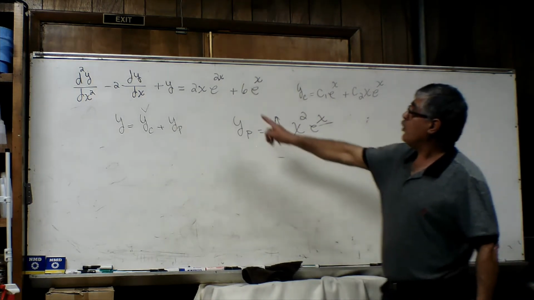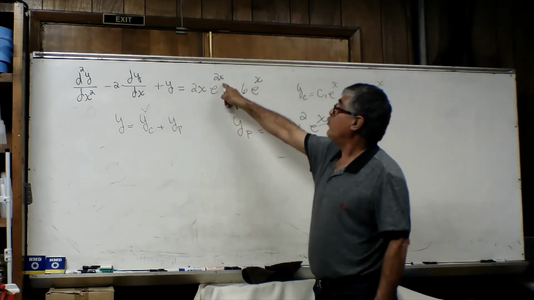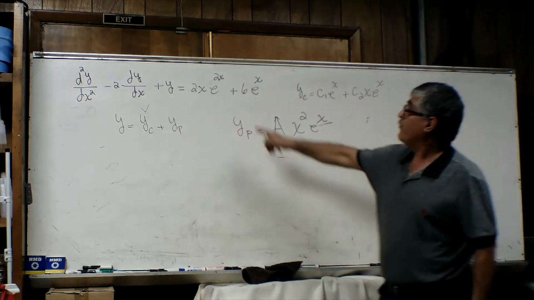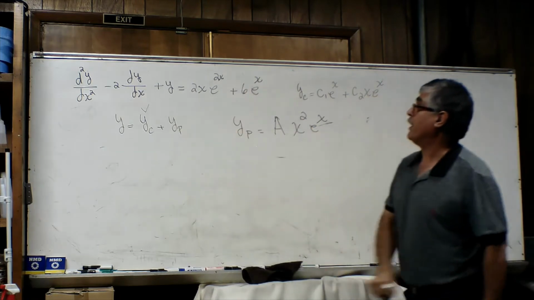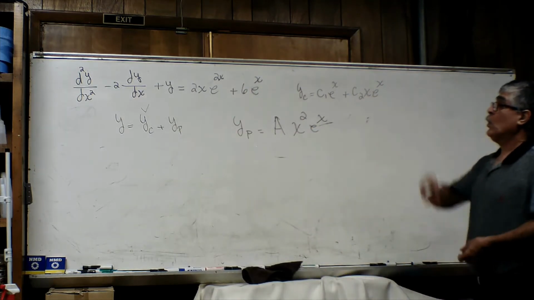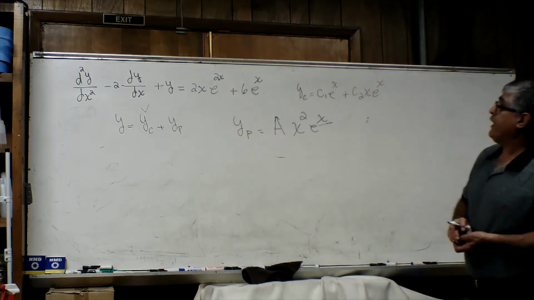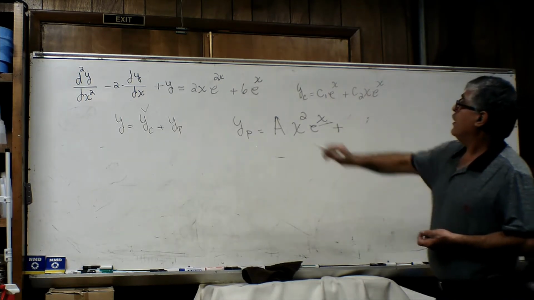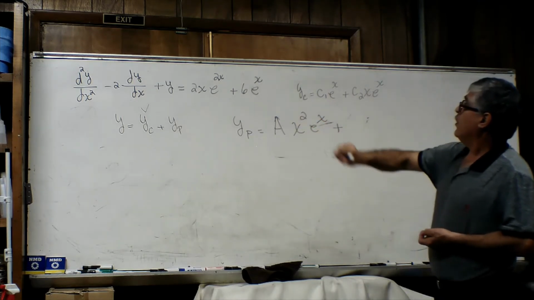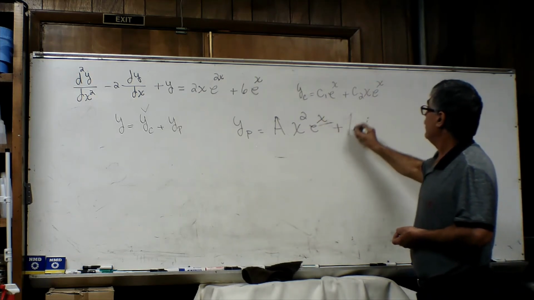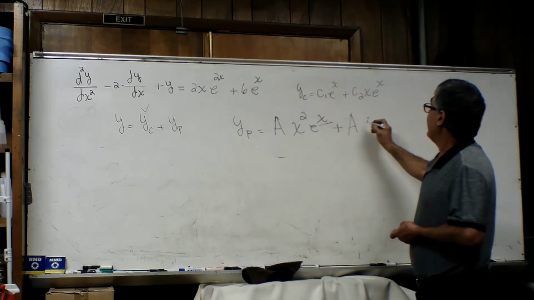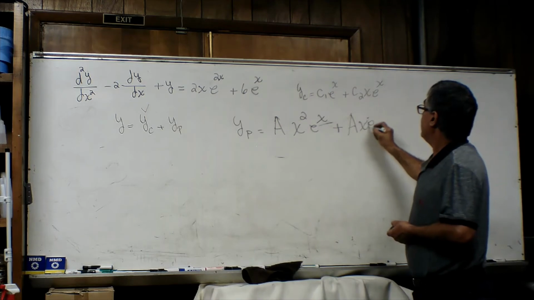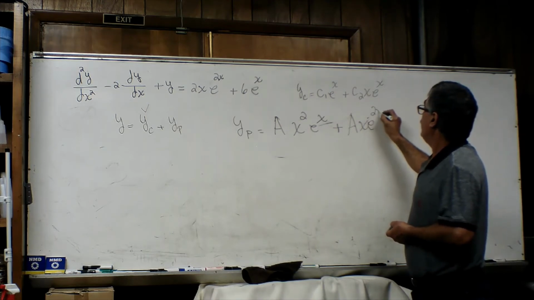And now we have e to power 2x. We have x e to power 2x. So our second part must be a constant multiplied by x e to power 2x.